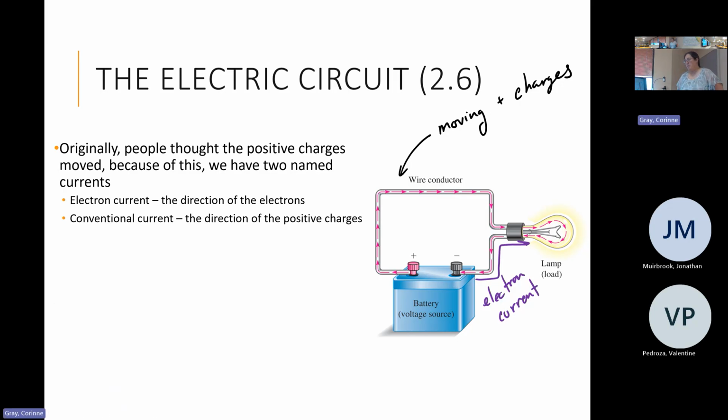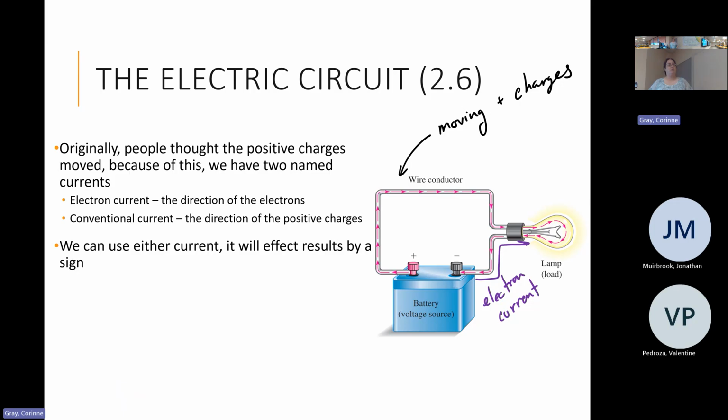There will be times in this class where we're going to have to guess what direction the current is flowing. It's totally okay to guess incorrectly. It's totally okay to use the electron current instead of the conventional current. All that's going to do is affect the direction the current is flowing.